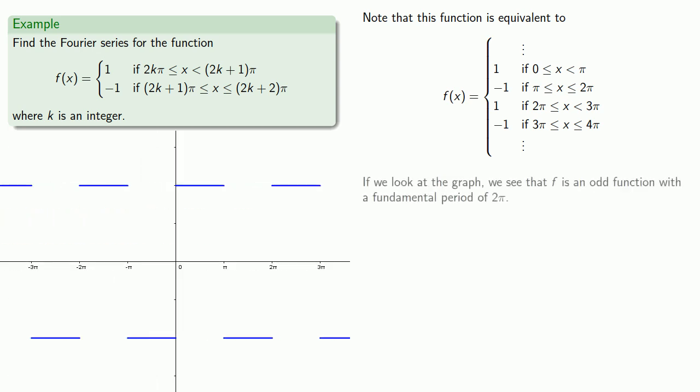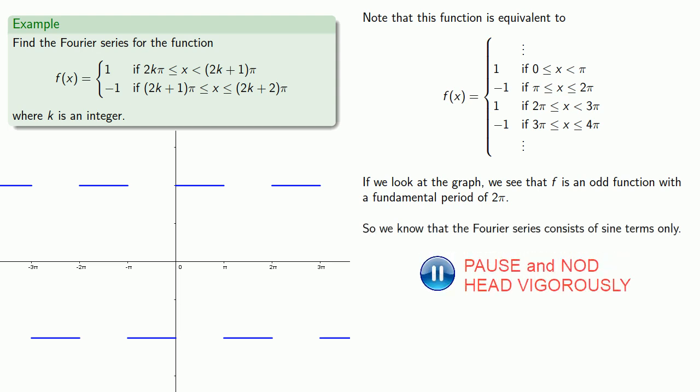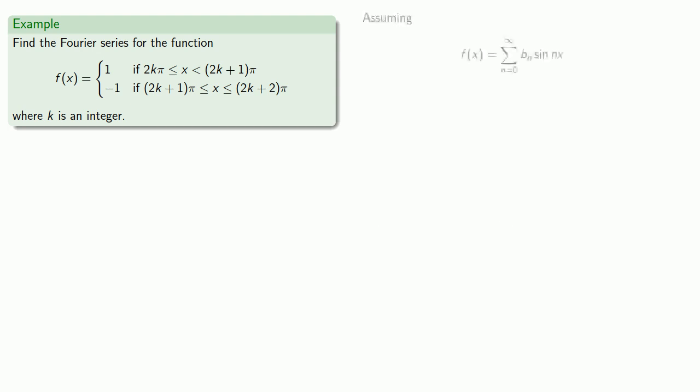And if we look at the graph, we see that our function is an odd function with a fundamental period of 2 pi. And so we know the Fourier series consists of sine terms only. So assuming our function is a trigonometric series in sine only, we make the following observations.